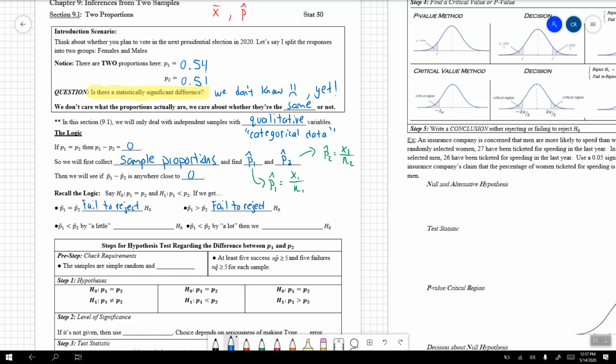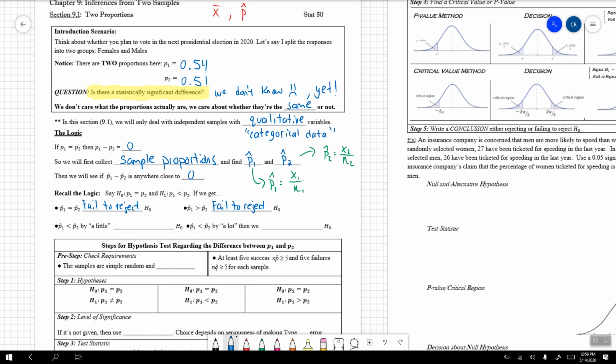Now, what if we actually get the outcome that we want, but it only happens by a little bit, meaning that p hat 1 is less than p hat 2 only by a little amount? In other words, is there a big statistical significance? Now, your answer to that is going to lie in the realm of what it means to be statistically significant.